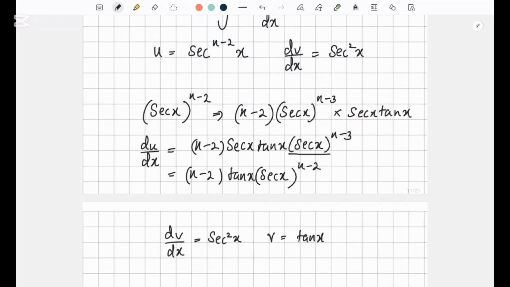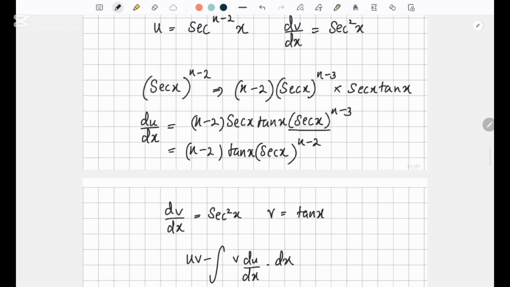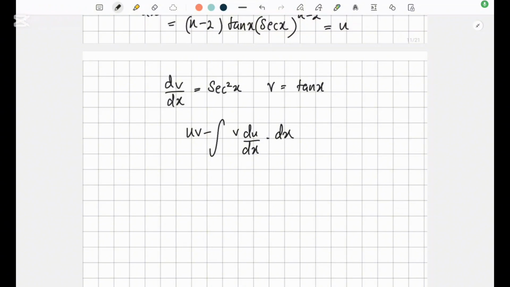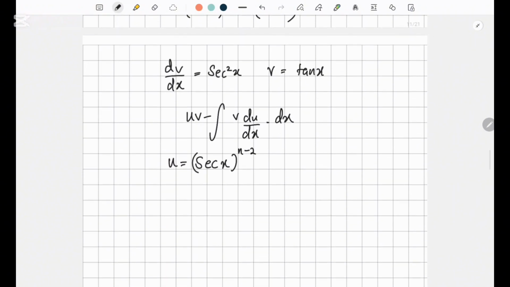For now, you use your formula. I'll write the formula again. This is your formula. So u into v. So we found u, which is sec x to the power n minus 2, and v, which was tan x. So u into v is going to be tan x into sec x to the power n minus 2.